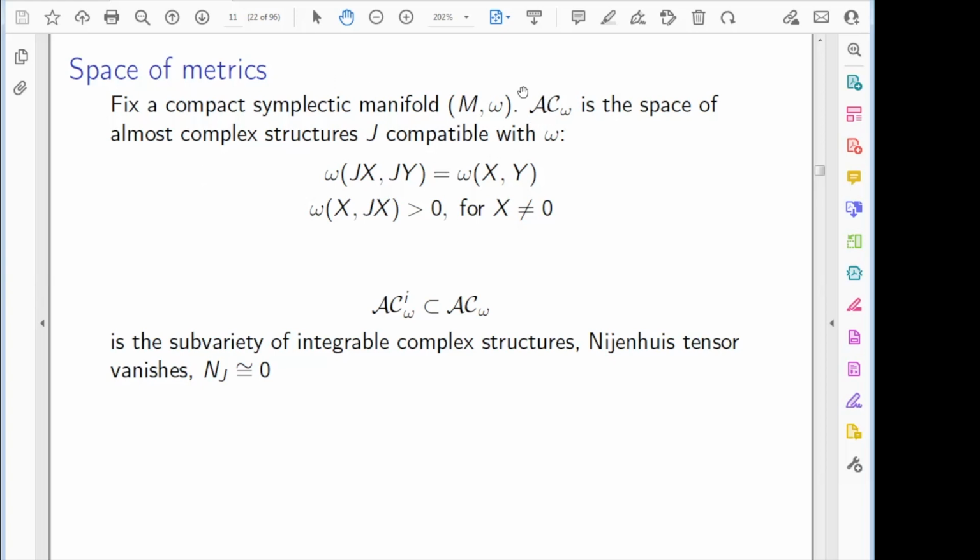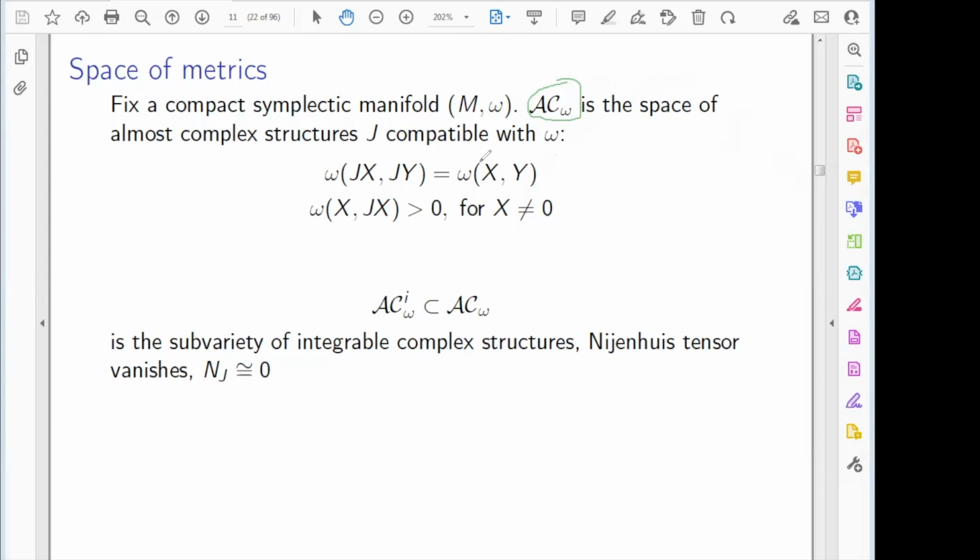I'll use this notation for the space of compatible almost complex structures.